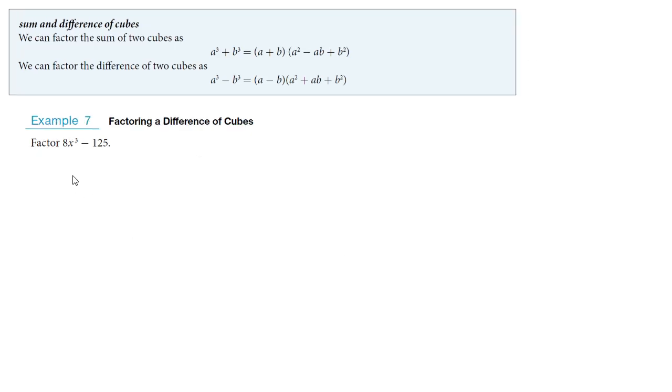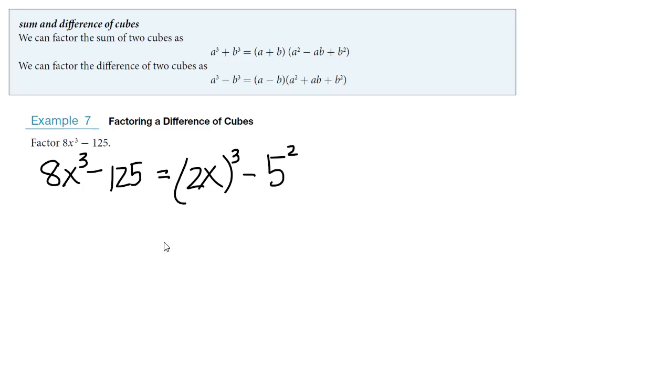Example 7 asks to factor the difference of cubes. Here I have 8x cubed, subtract 125, and I can write that as the difference of cubes. 2x all cubed equals 8x cubed minus 5 cubed, that's 125. So that is going to be 2x subtract 5, and now in the trinomial part I'm going to have a plus.